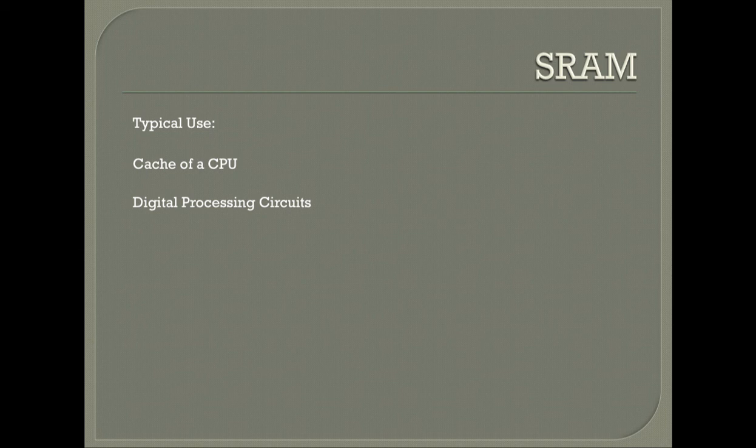Digital processing circuits. Again, anything that needs access to memory extremely fast, you're going to want something that has a faster read-write rate, especially if you're doing anything in the digital. I had something that would render in Photoshop that would take a very long time. So you can definitely speed the processing up if you were to do it in SRAM.